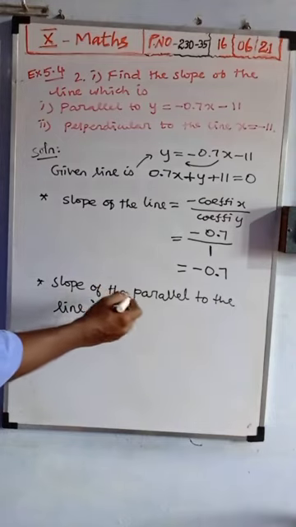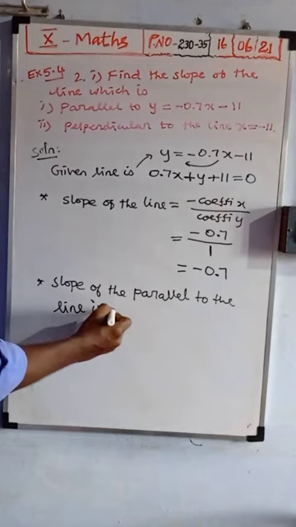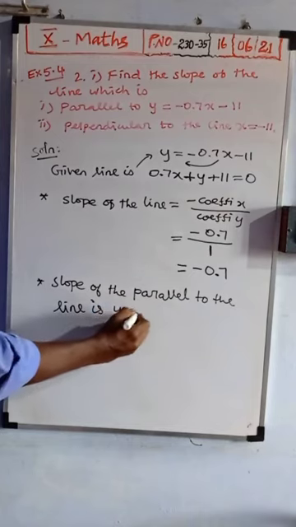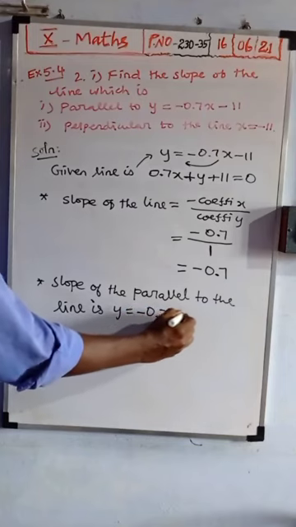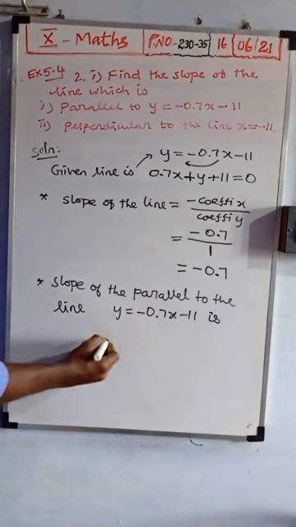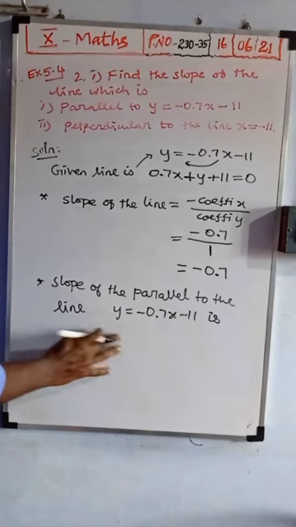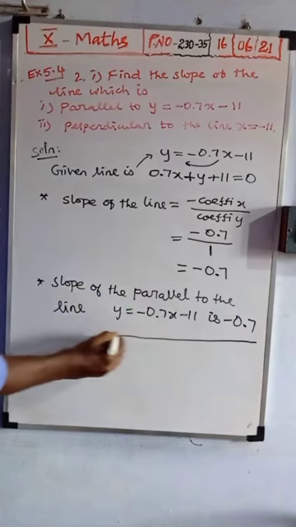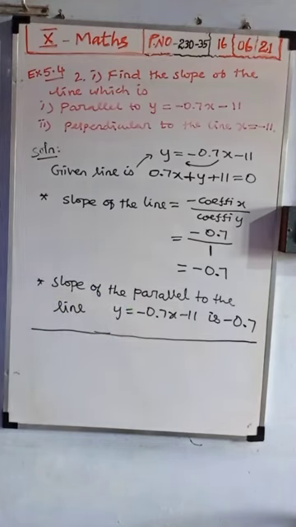So the slope of the line parallel to y is equal to minus 0.7x minus 11 is minus 0.7 only. Two lines are parallel, slopes will not change. First point over.